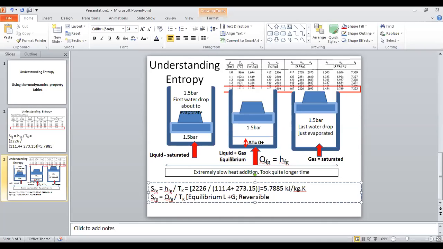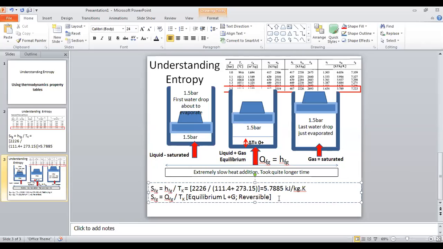Reversible processes are very slow processes with no friction involved. That's why this piston is a frictionless piston. That's also very important.